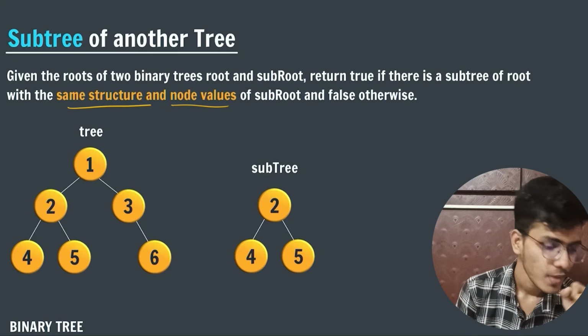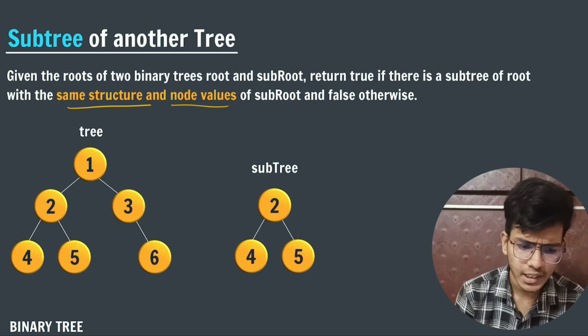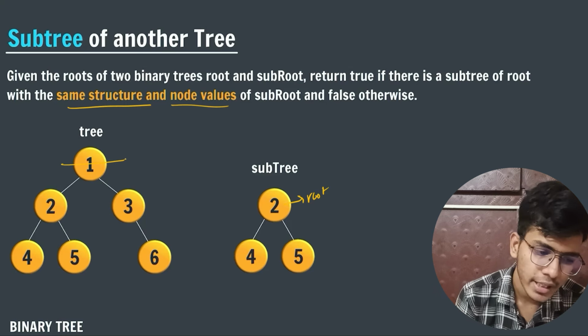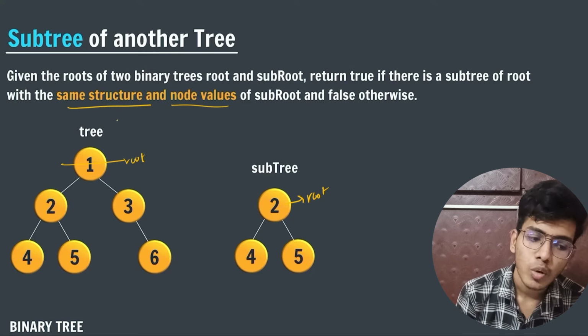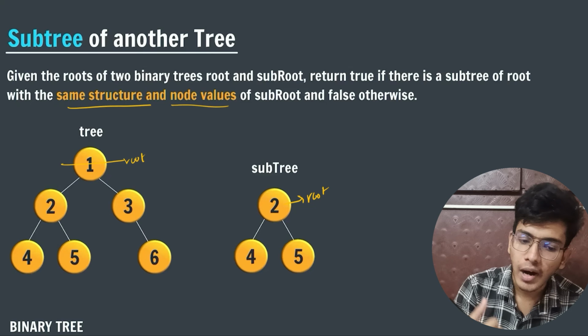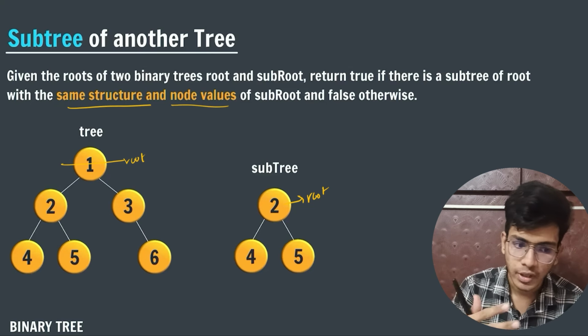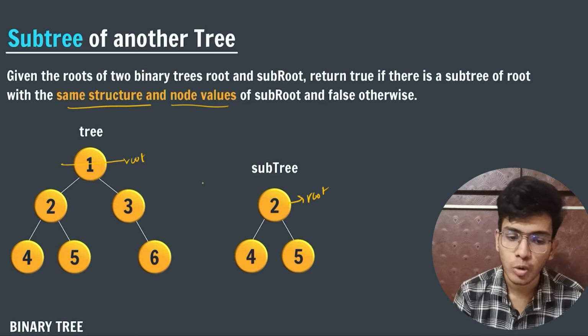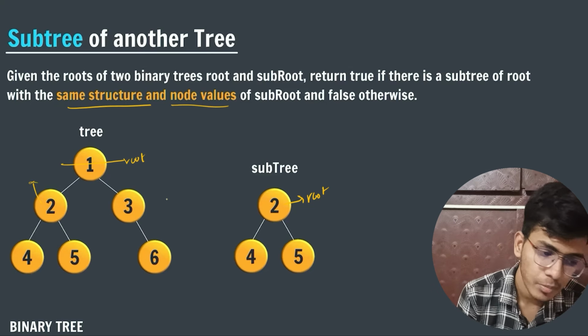Okay, now here let us say that this is my subroot, right? And this is my main tree, and this is the root of my main tree. So what I will do is, in my main tree I will try to find out whether the subroot is present or not. And as I find my subroot, so here I find my subroot, right?